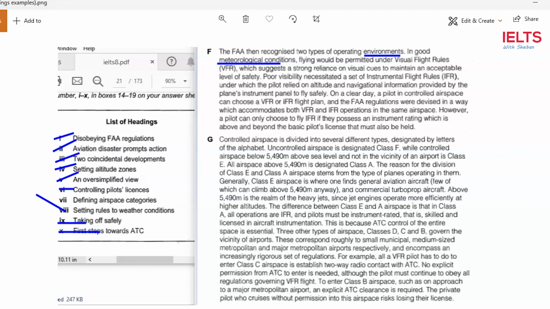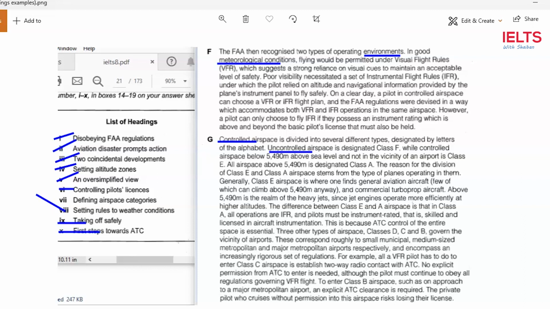Uncontrolled airspace is designated class F, while controlled airspace below 5,490 meters above sea level and not in the vicinity of an airport is class E. So he's talking about controlled airspace and uncontrolled airspace, and he gives letters F, C, E.